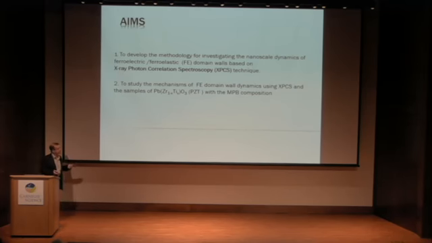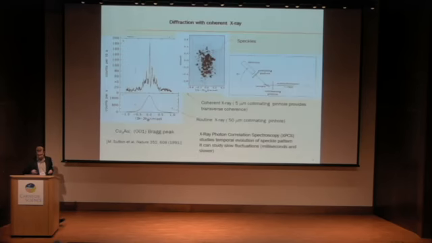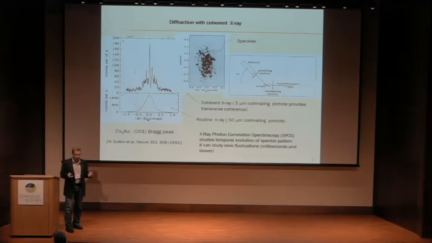And we apply this method to study the domain wall motion in PZT single crystals with a composition close to the morphotropic phase boundary. First of all, several words about the method.